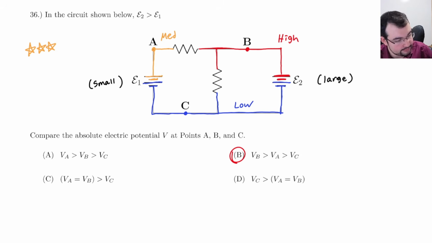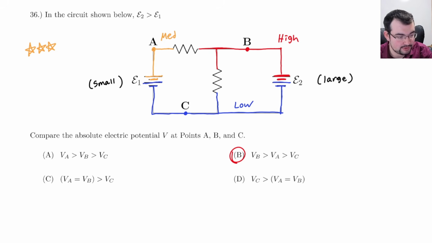Another way you could actually work this out would be to realize that you need to drop your entire potential across this resistor to make a closed loop with itself. So you actually know that it has to have the entire battery 2 potential difference across it.